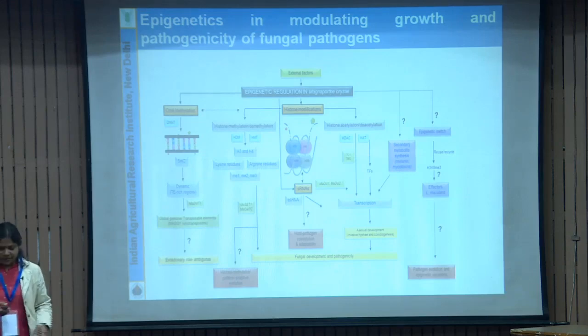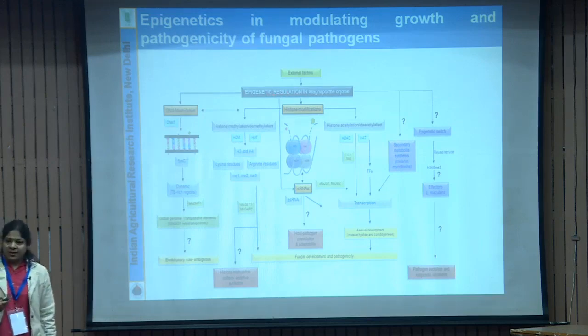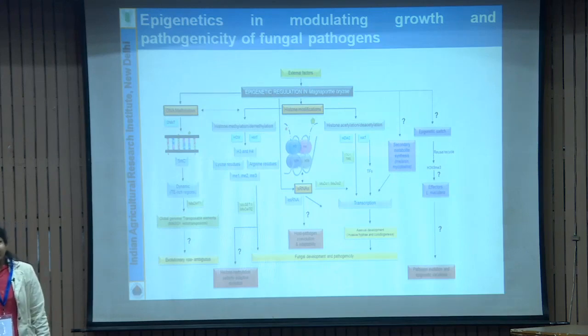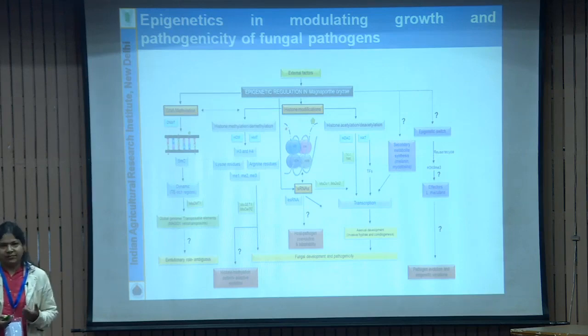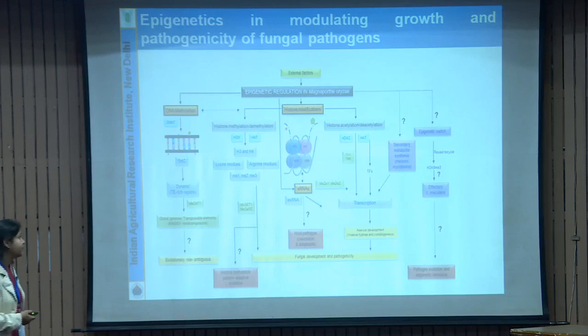There were none, but there were some reports available for Magnaporthe oryzae, a fungus, in which epigenetic regulation controls have been studied. They found that all three, DNA methylation, histone modifications and small RNA, all three types of epigenetic modifications were reported in this fungus.